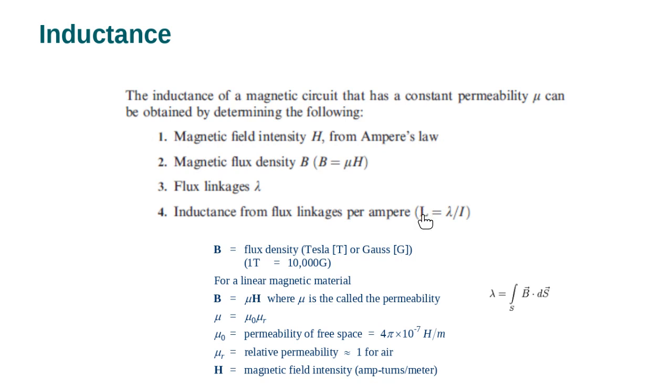To find inductance, first of all you need to know these terminologies: the flux density, the permeability, the magnetic field intensity. H is magnetic field intensity. B is magnetic flux density. mu is the permeability.